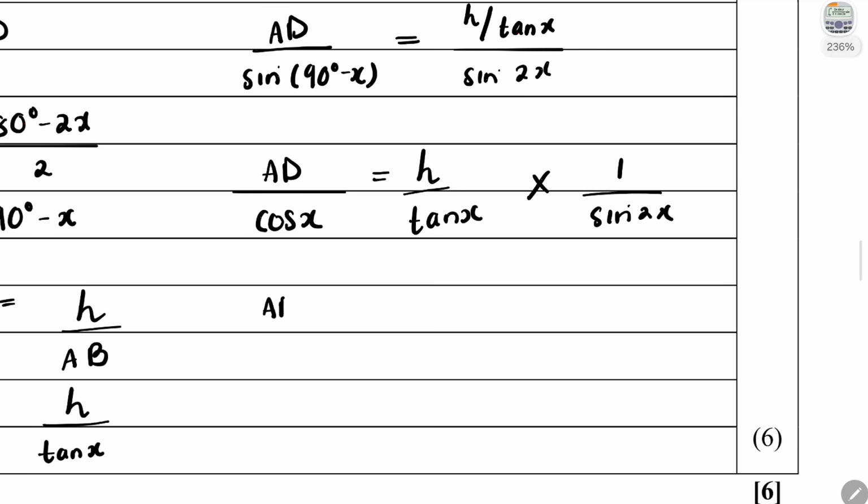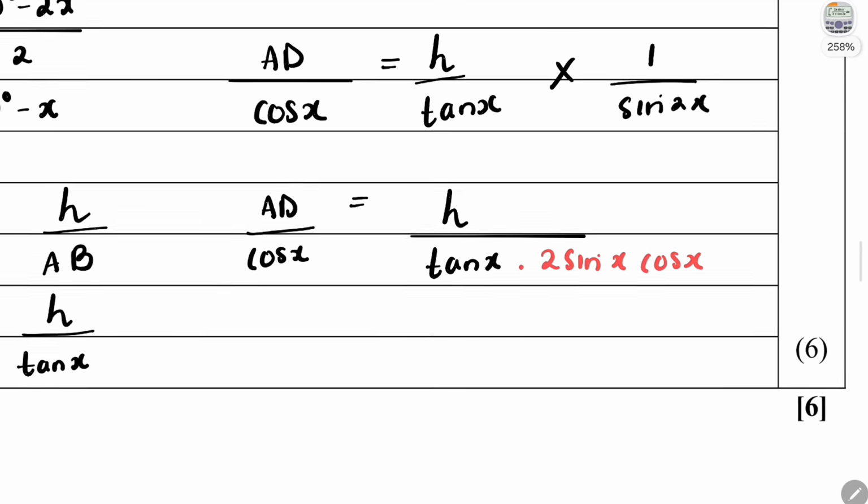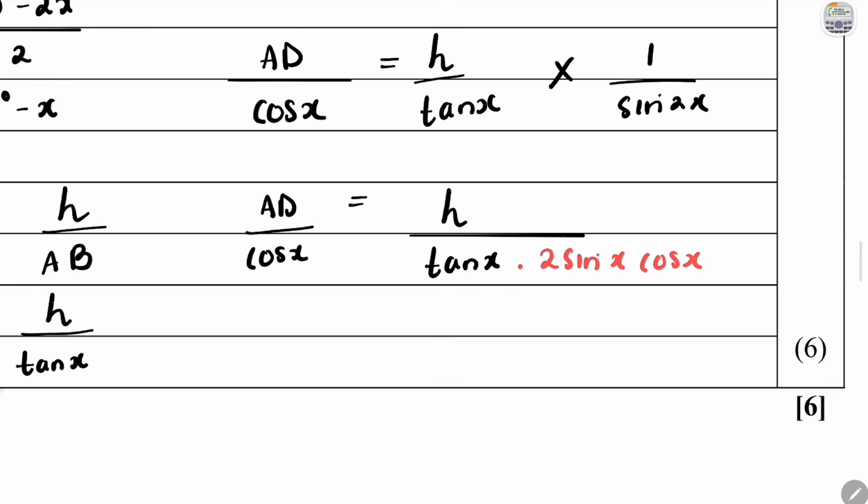So now we just have AD over cos x is equal to, and these multipliers will become h over tan x sine 2x. Sine 2x can be expanded, so let's just expand it. So it's going to become 2 sine x cos x, using double angles. And finally, to get AD on its own, we can multiply both hand sides of this equation by this cos x in the denominator. So times cos x.